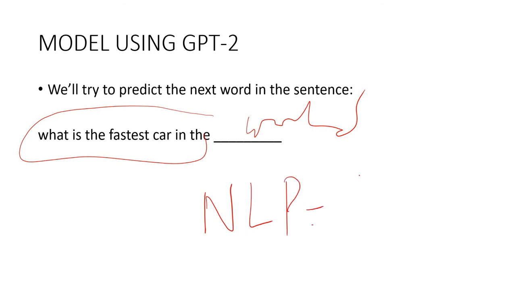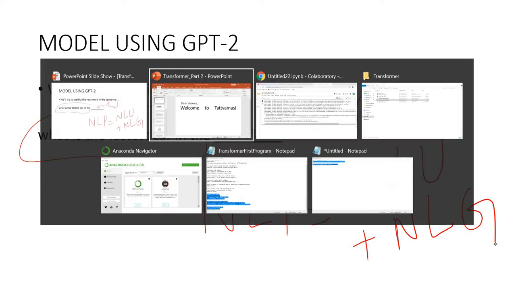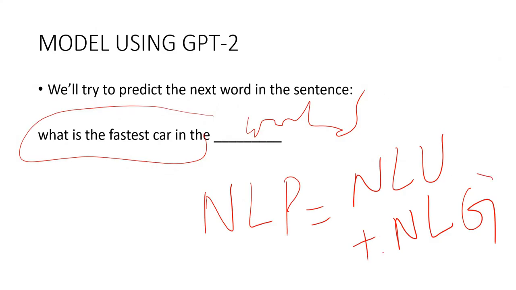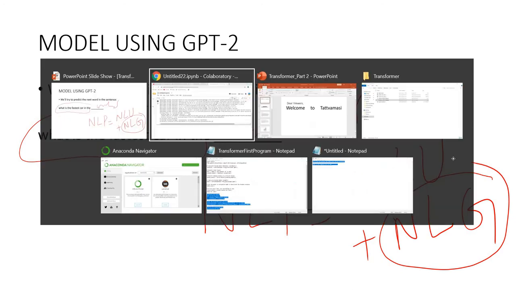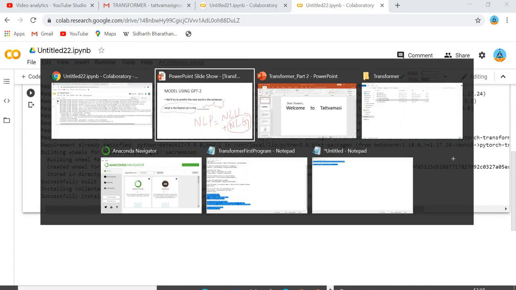NLP means natural language processing, NLU means natural language understanding, and NLG is natural language generation. Here our program is used for NLG. We are doing natural language generation, an implementation of natural language generation using transformers. Fine. We installed PyTorch-Transformers here.